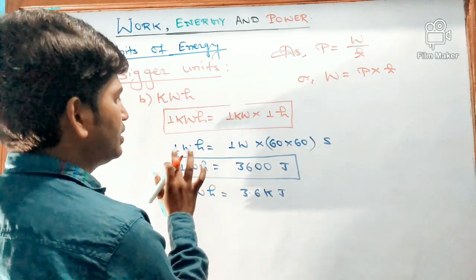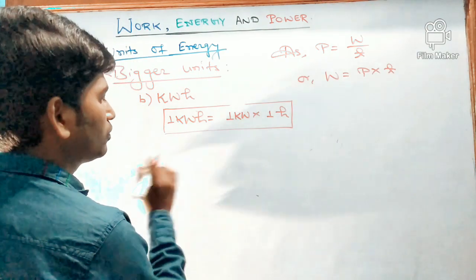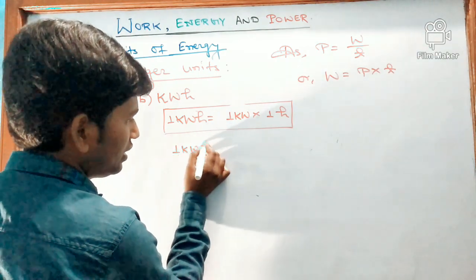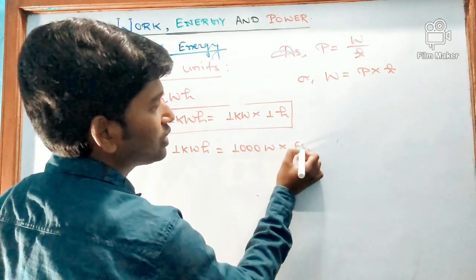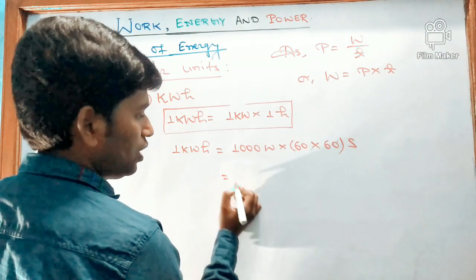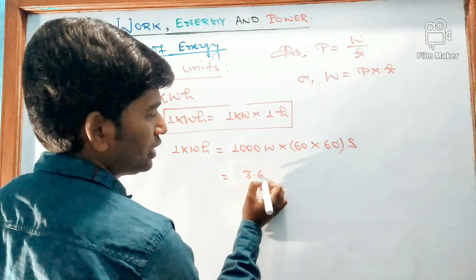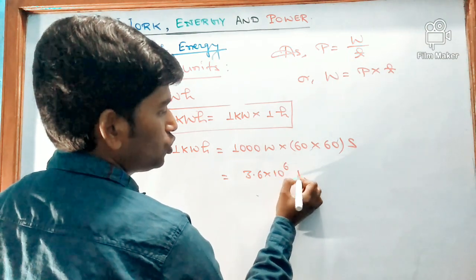Similarly, we can write 1 kilowatt hour is equal to 1000 watt into 60 into 60 seconds. So it will become 3.6 into 10 to the power 6 joule.